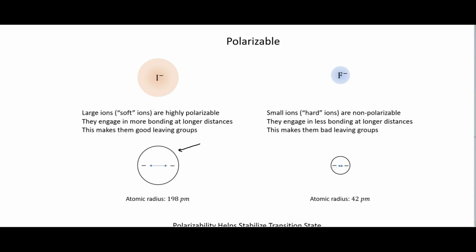If you compactify that cloud, it is repelling itself. That's the weird quantum mechanical thing where an electron can repel itself because it's in multiple places at the same time. So that makes it less stable than if you have a larger cloud, where the electron is spread out, so it's not repelling itself as much.